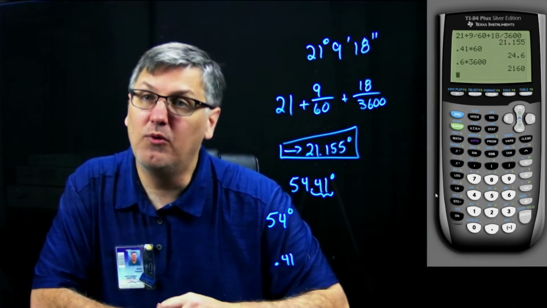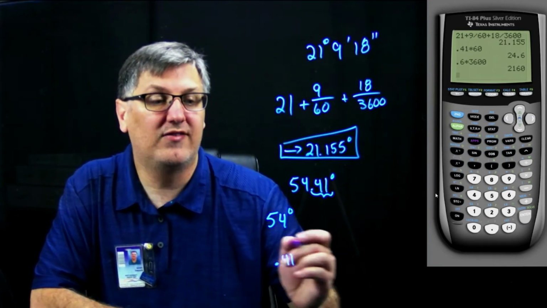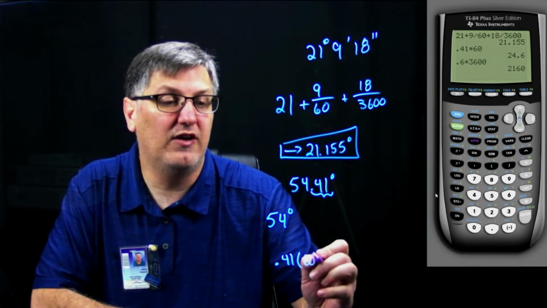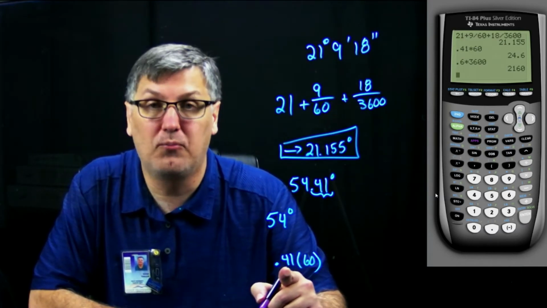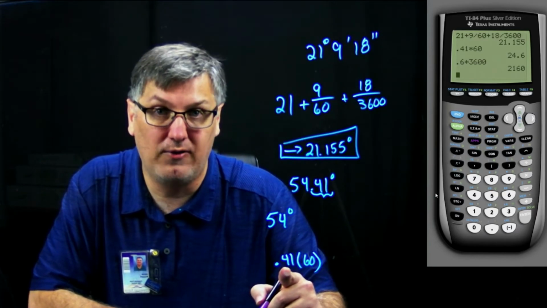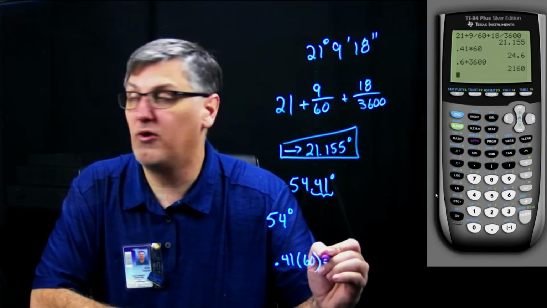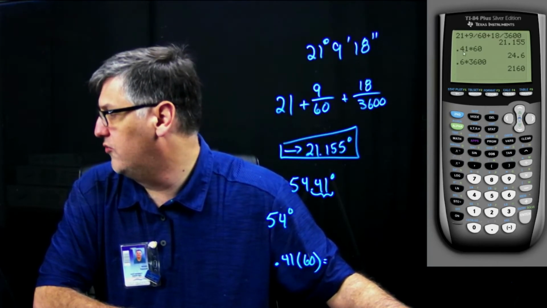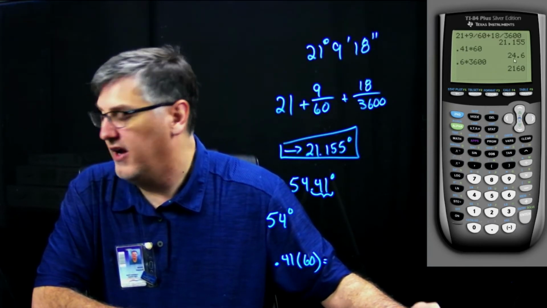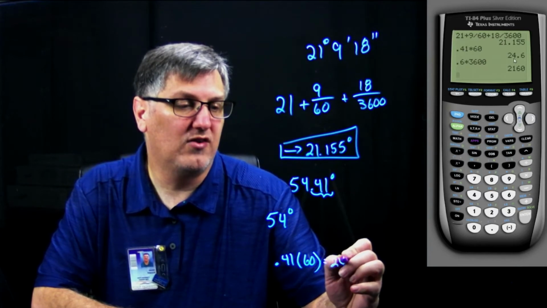0.41. What I'm going to do is multiply that by 60. And the reason why is that there are 60 minutes in 1 degree, and I have 41% of a degree, or 0.41. When I throw this in a calculator, which you see I already did because I made a goof, it is 24.6.